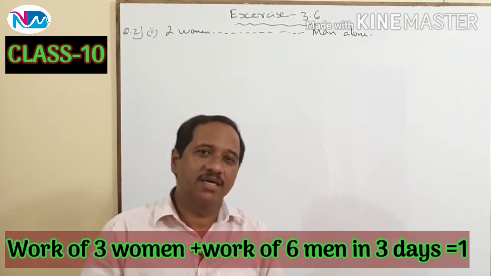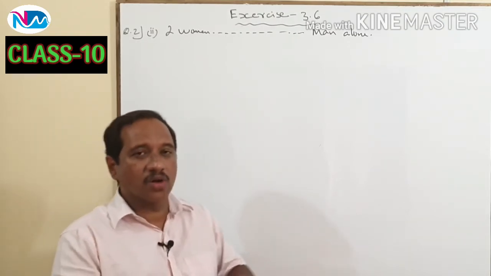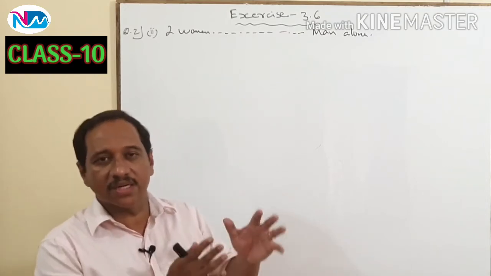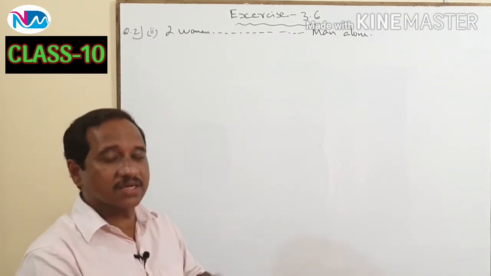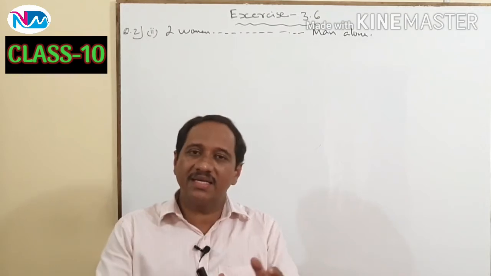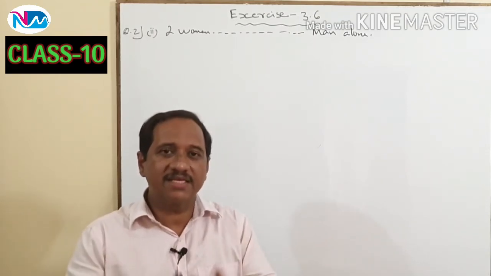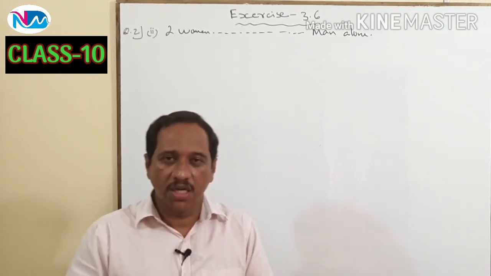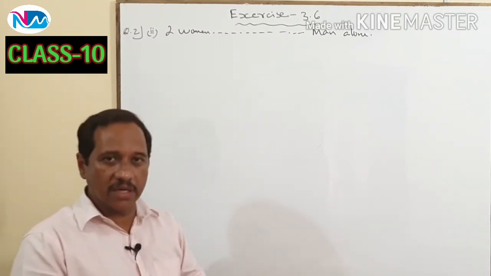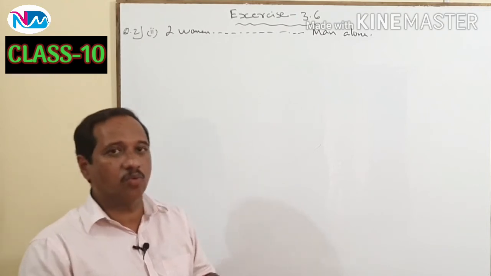We have to find how many days are required for a woman alone to complete the work, and also how many days are required for a man alone to complete the work. These are the 2 unknown values. We will represent these 2 values by using the variables x and y.